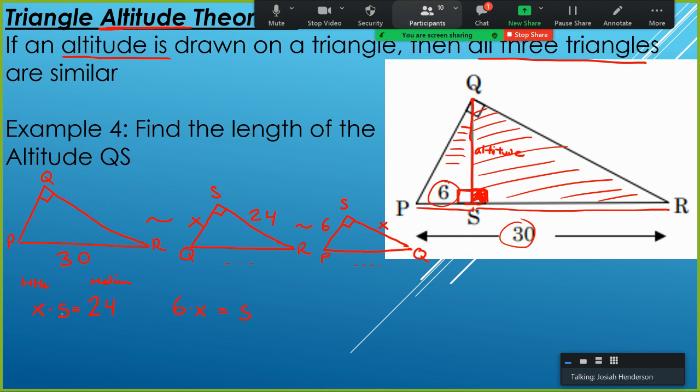Okay, let's see if this works. So this time, I think we're going to have to take both of these. We're trying to find scale factor. We're setting up our two different formulas to find scale factor.